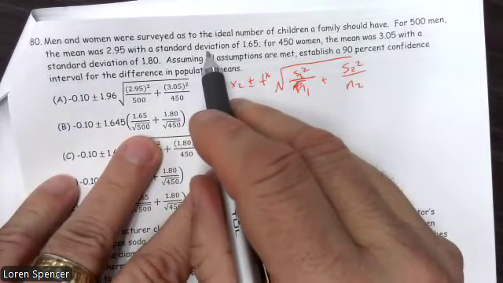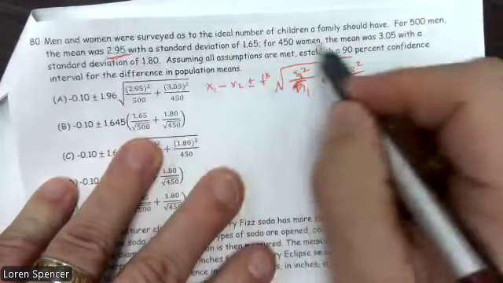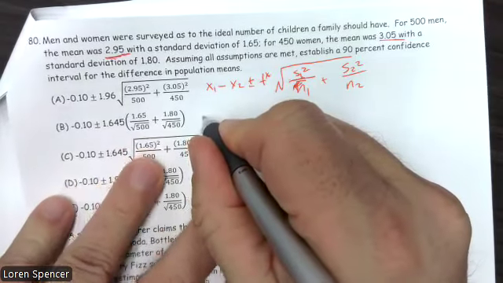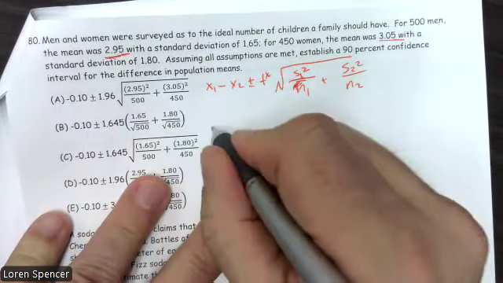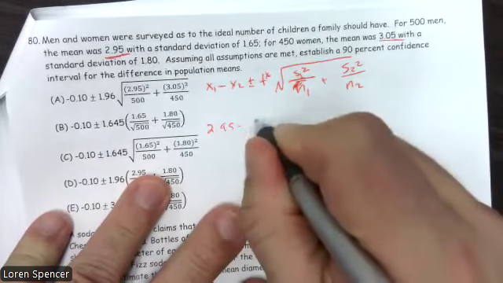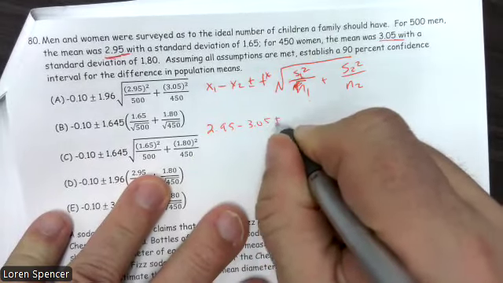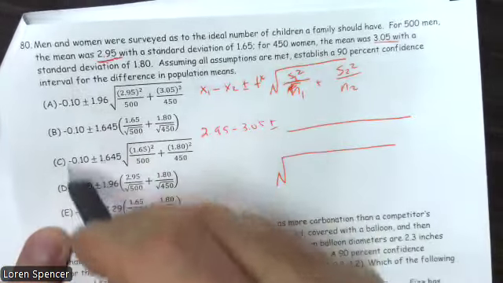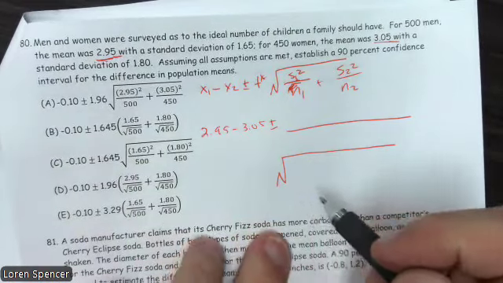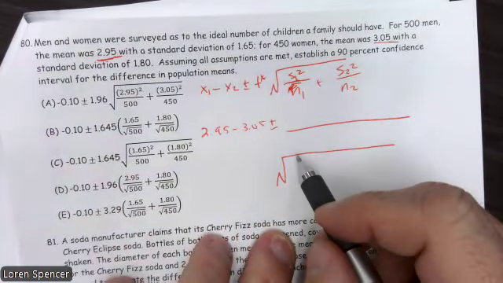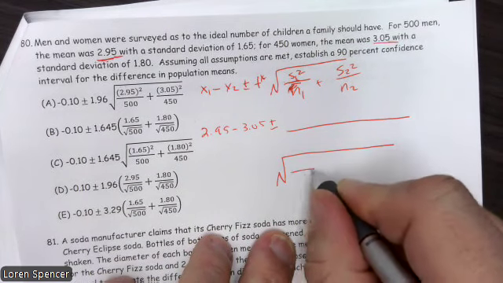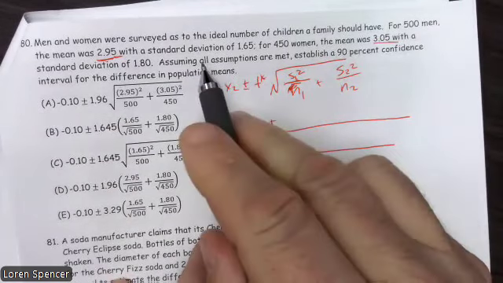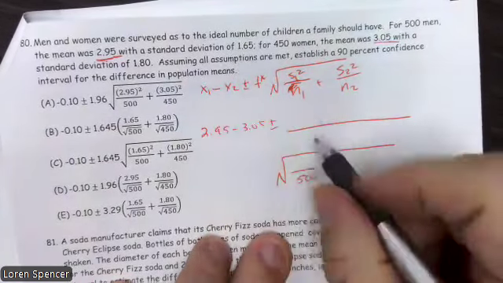we're going to have the mean was 2.95, and for women it was 3.05. So 2.95 minus 3.05 gives me negative 0.10, plus or minus, we'll come back to t star in a moment. So we know it has to be negative 0.10. Well, all of them have negative 0.10. So that didn't help. Then we're going to have to come back and go, well, n1, what was the sample size for men? We had 500, and we had a standard deviation of 1.65.